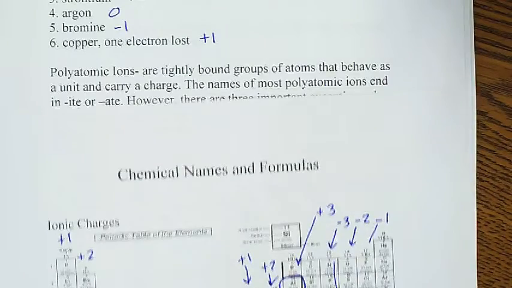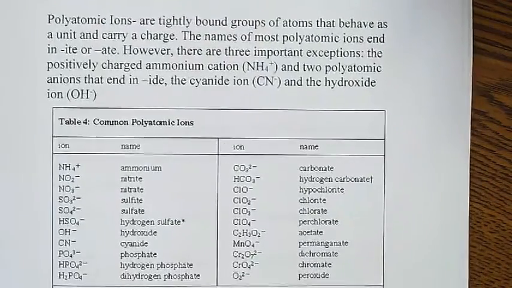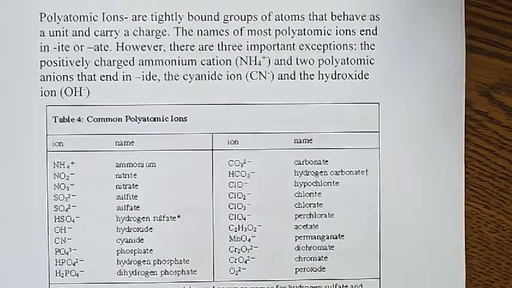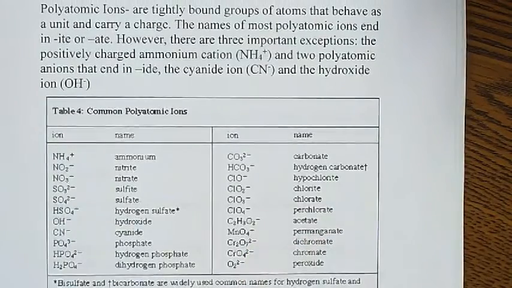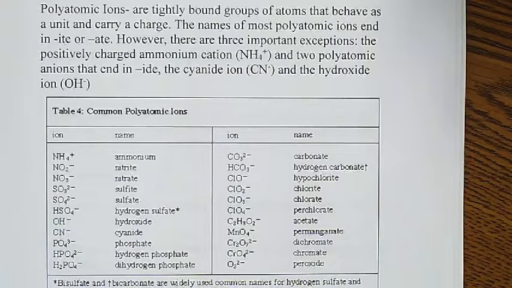I know there's a lot of things difficult about this year, but in chemistry, I can't tell you the number of complaints I've received over the years, because in pre-AP, you are required to know all those polyatomic ions. It is the language of chemistry, and if you can't speak it, you can't talk with another person about chemistry later on if they're talking about calcium carbonate and you don't know what carbonate is.